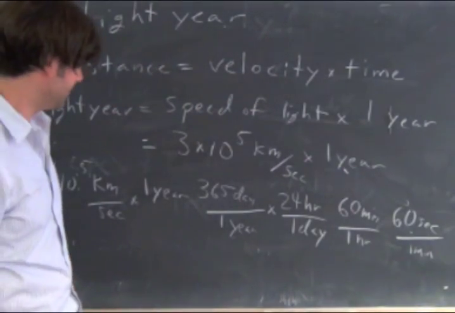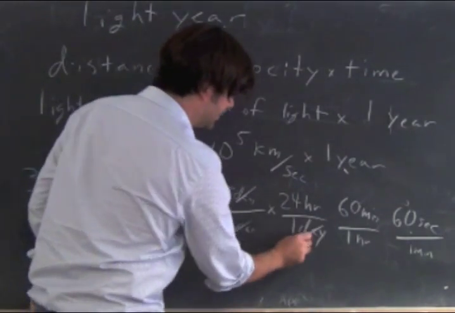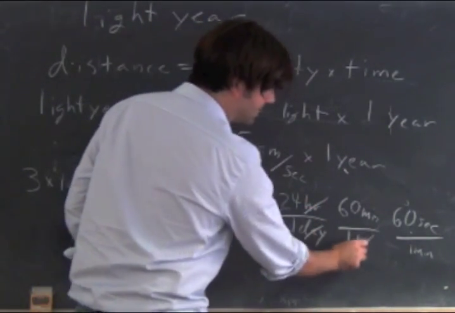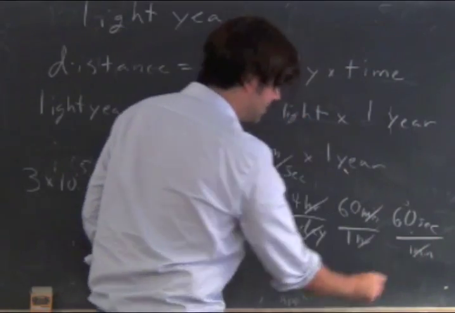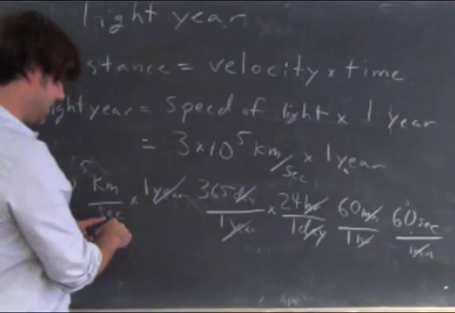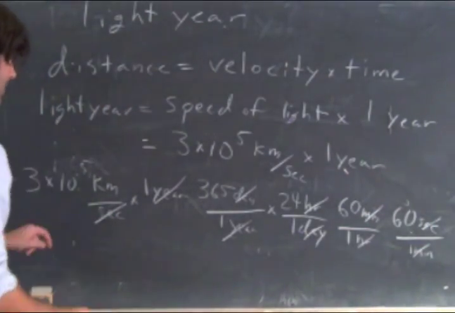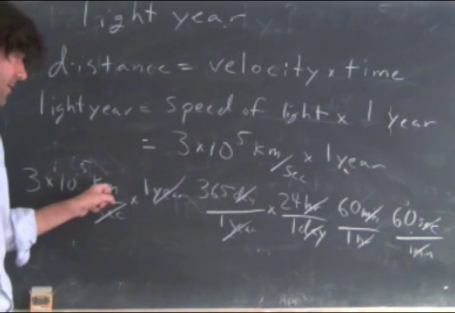So now what can I do? I cancel the years, the days, the hours, the minutes, and I'm left with this whole expression in seconds, but the seconds here and the seconds here also cancel. So my only unit left is kilometers.